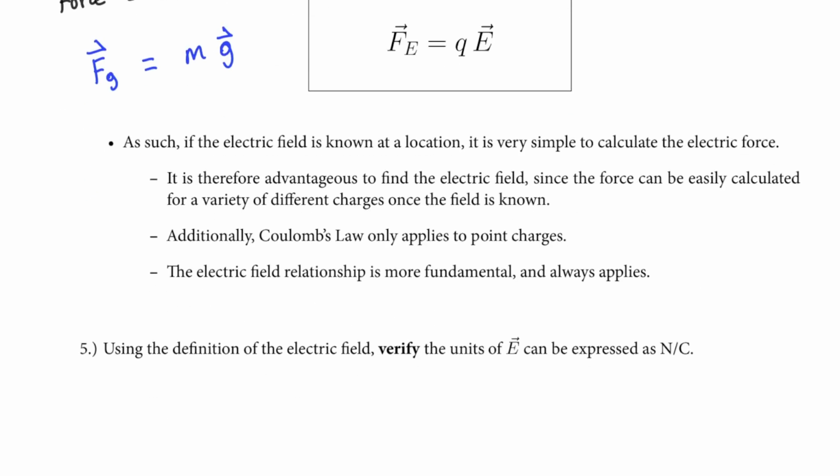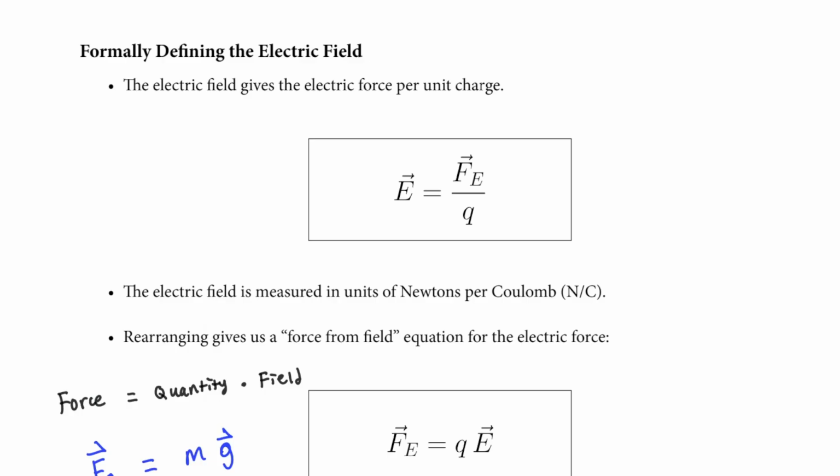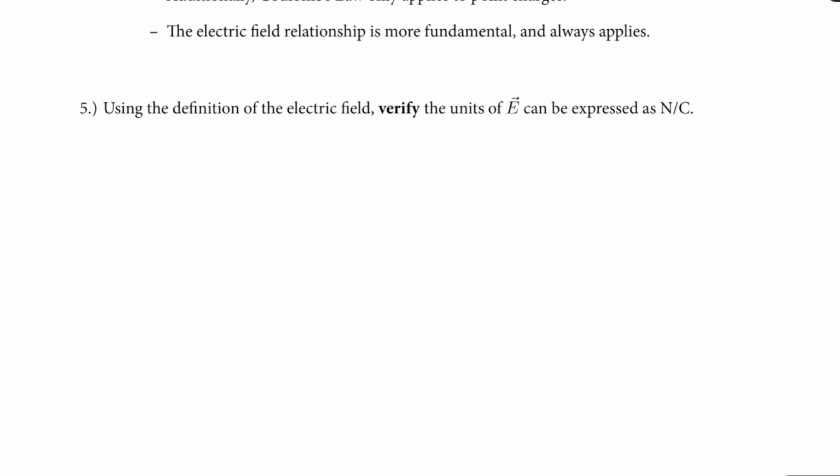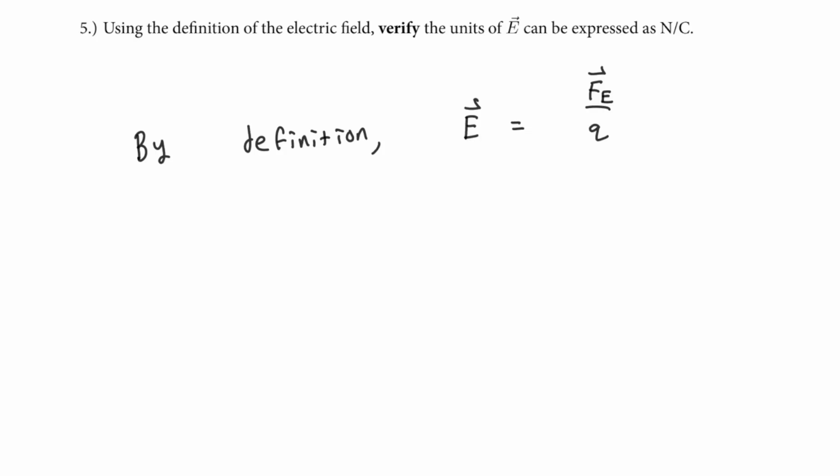So first, let's verify that the units of this quantity called electric field are going to be newtons per coulomb. Not a very hard task here, because by definition, the electric field is the force per unit charge acting on a particle. So force is, of course, measured in newtons, and Q is measured in coulombs.